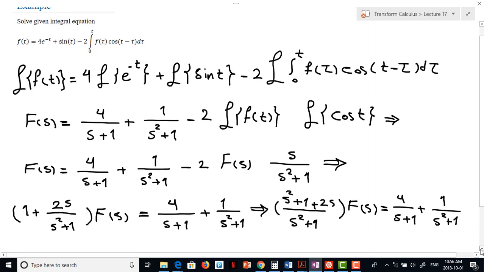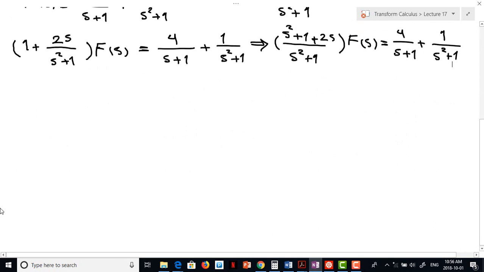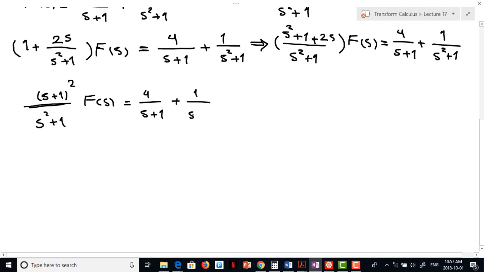So we can simplify more. In numerator, we have s squared plus 2s plus 1. So it's s plus 1 squared over s squared plus 1 times F(s). It's equal to 4 over s plus 1 plus 1 over s squared plus 1.